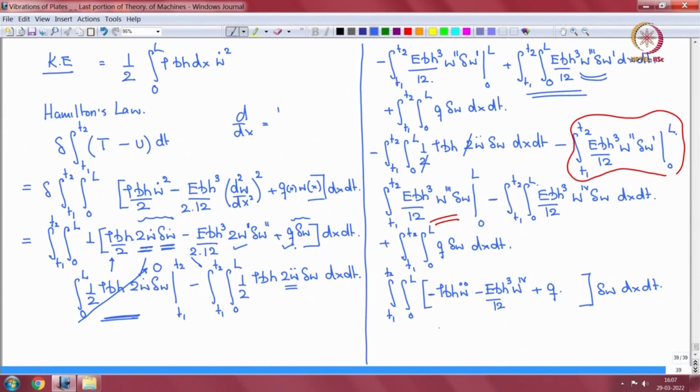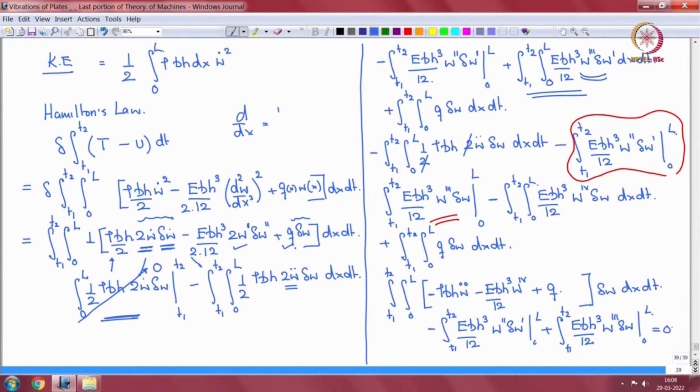And the two boundary terms, which are minus integral t1 to t2 e b h cube by 12 w double dash delta w dash from 0 through L, plus integral T1 to T2 E B H cube by 12 W triple dash delta W from 0 through L. That should be equal to 0.